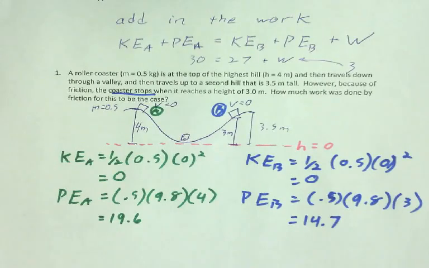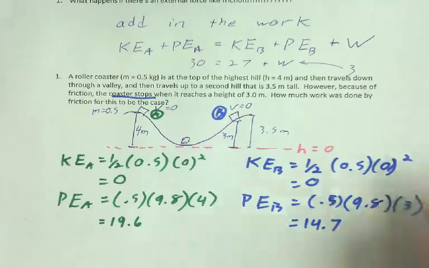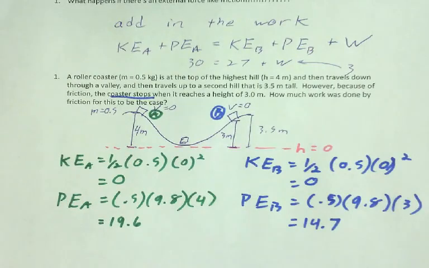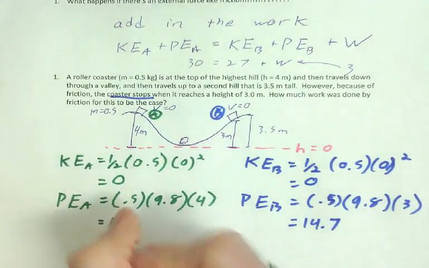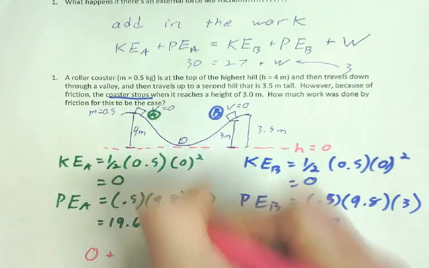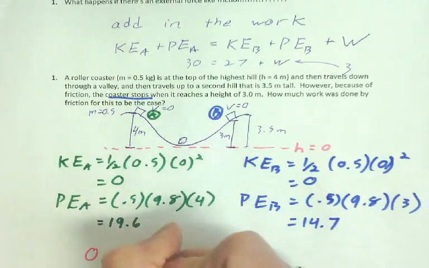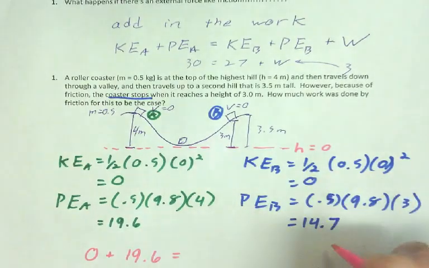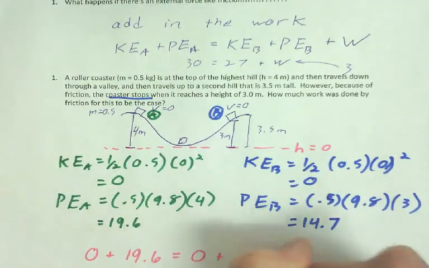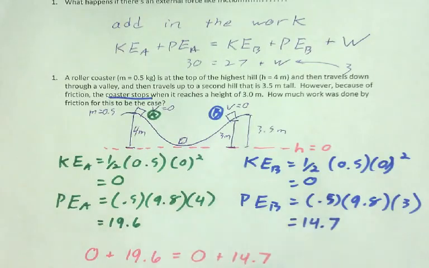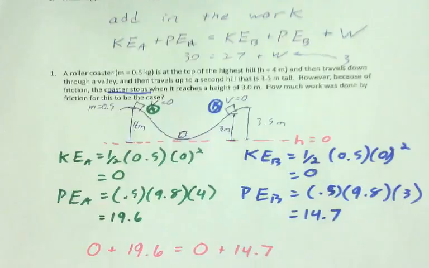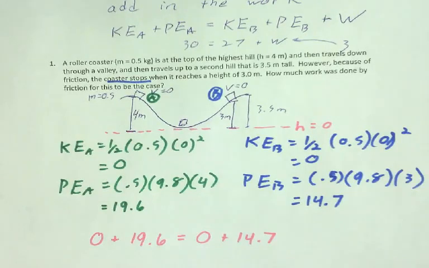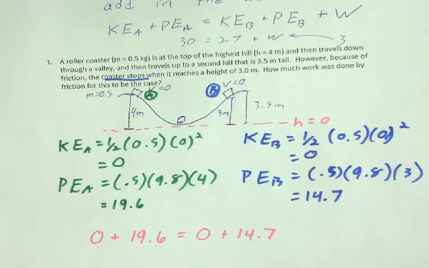So if I set up the equation I did originally, I'm going to leave off work just for a second. It's going to look like this. Kinetic at A plus potential at A, 0 plus 19.6, equals kinetic at B plus potential at B, 0 plus 14.7. You'll notice that 19.6 does not actually equal 14.7, believe it or not. So what's missing?